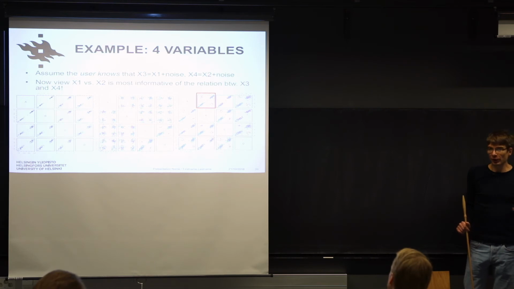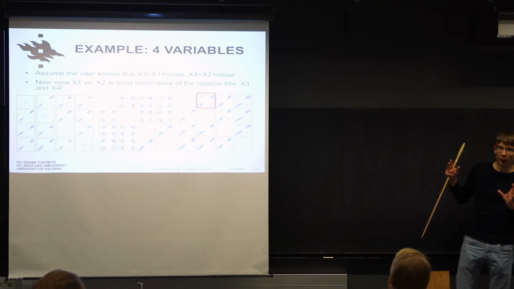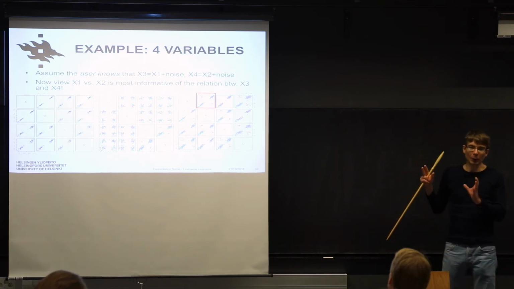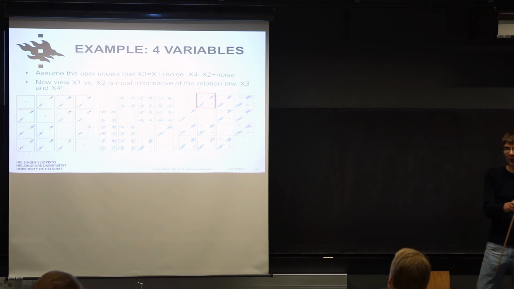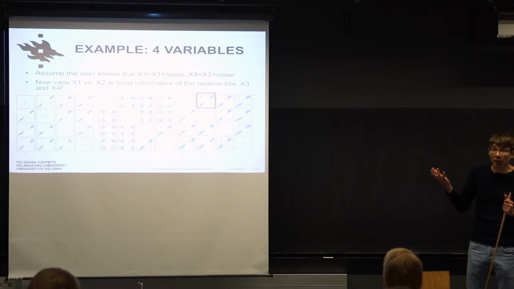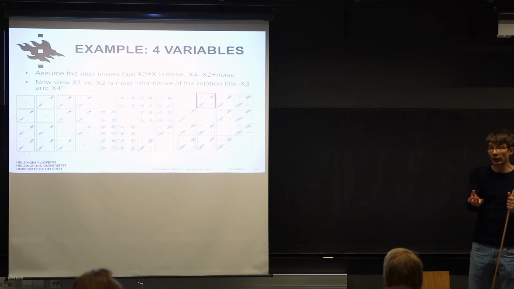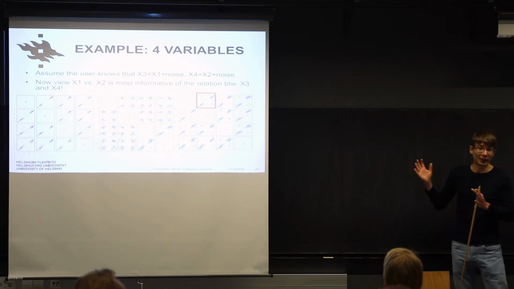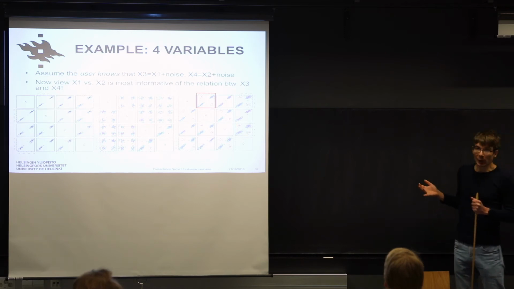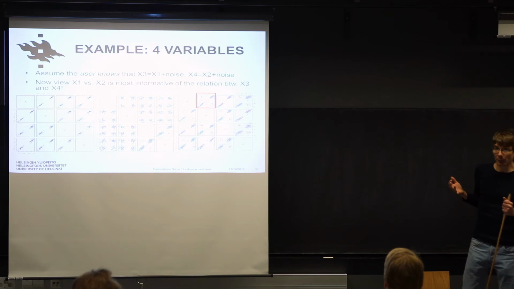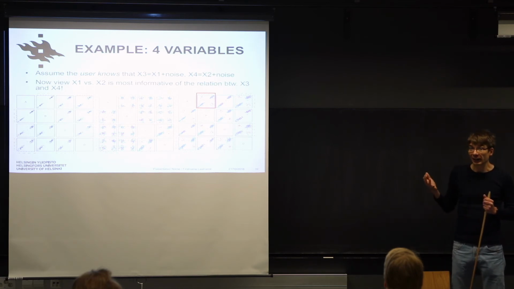This sounds a bit unobvious at first, because if you want to know about the relation between C and D, you should actually go outside these parameters. But it makes sense because of this generative process: the user didn't know that A and B are practically equal, and if he knew that, this would explain the relation between C and D. And again, this is a very simple example, but this kind of thing also happens in real data.